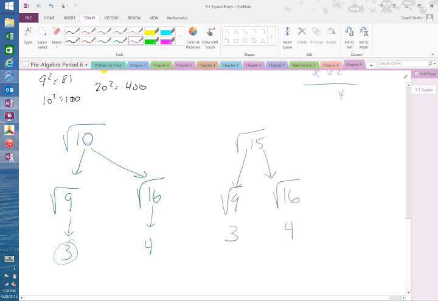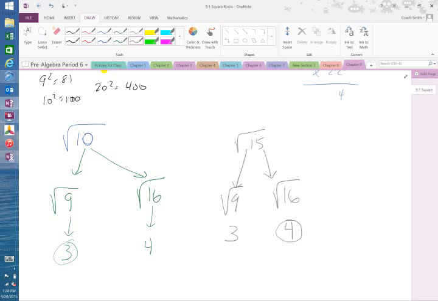Okay, is the square root of 15 closer to the square root of 16 or the square root of 9? Square root of 16. So therefore, our estimate or approximation for the square root of 15 would be closest to 4.